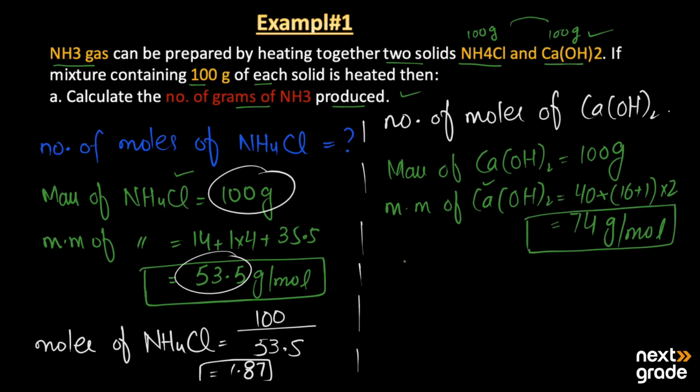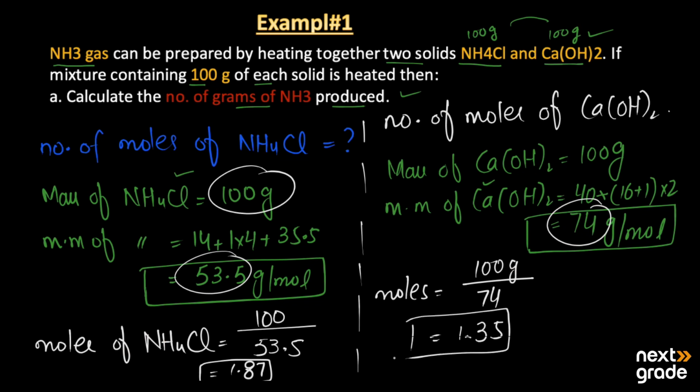Now we will find its moles. To find the moles, we apply the formula: mass in grams divided by molar mass, which is 74. So at the end its moles are 1.35. So these are the moles of calcium hydroxide.